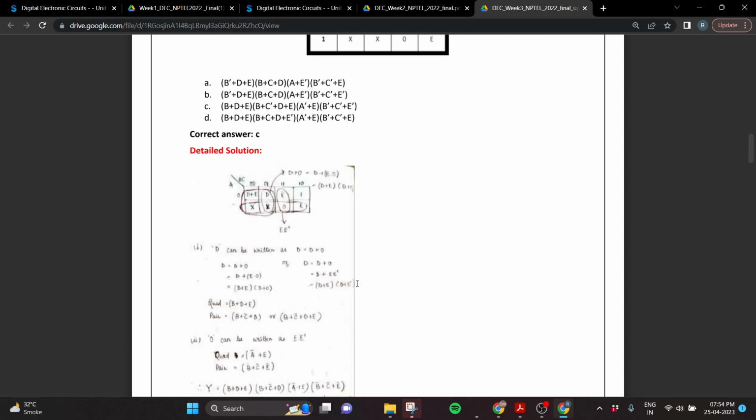Okay, so there is one more term in the options, so that is B C bar D plus another is there forming this, so it will be B plus C bar plus D plus E. So all these four terms are in option C in my question.